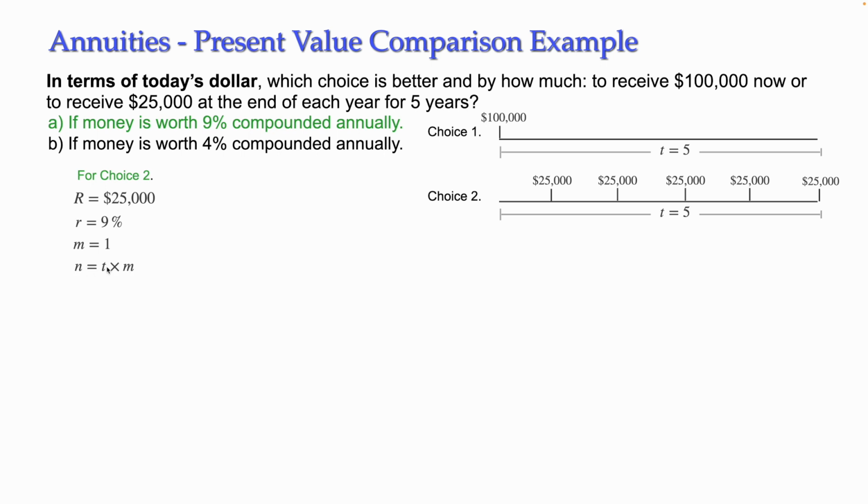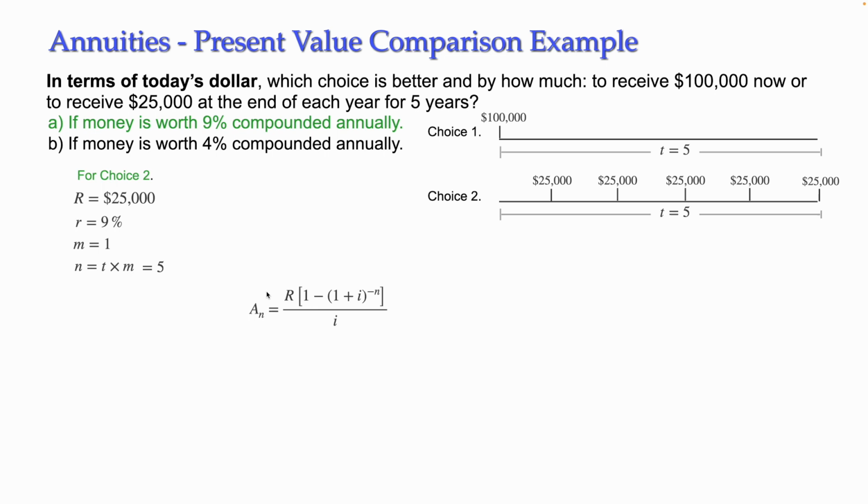So n will be the time times the number of payments per year, but it will be only 1 payment per year, so it will be 5 times 1 equals 5. And then use the formula of present value. The present value of the annuity will be equal to the payment multiplied by this factor, 1 minus (1 plus i) to the power negative n, divided by i, where n will be this 5, and this i will be 0.09.